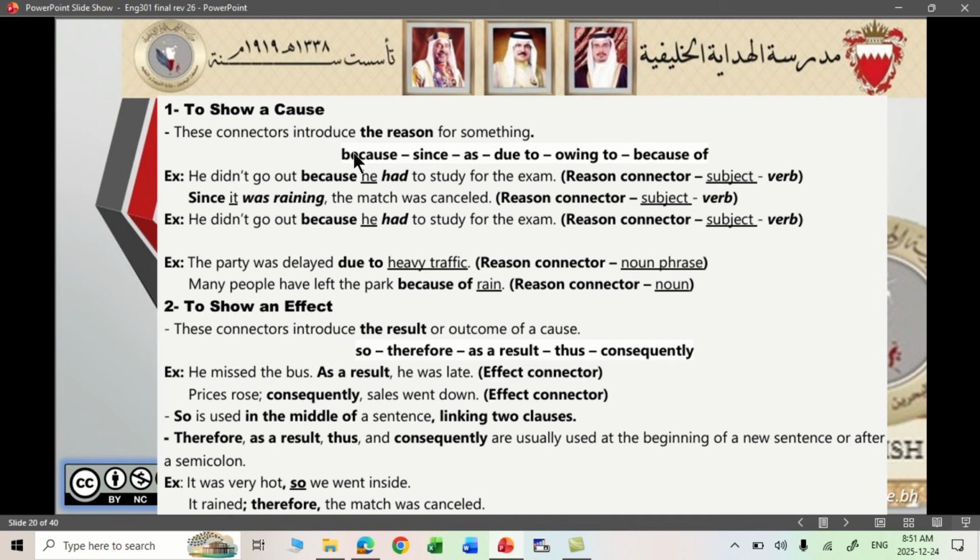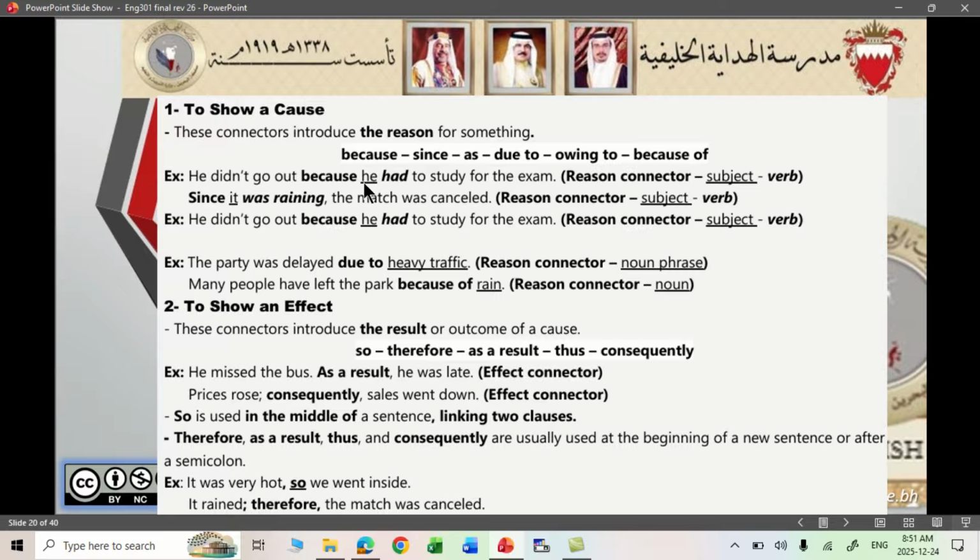We have a complete sentence with because, since, and as, but with due to, owing to, and because of, we have just a phrase. We don't have a verb. Let's look at the examples. He didn't go out because he had to study for an exam.